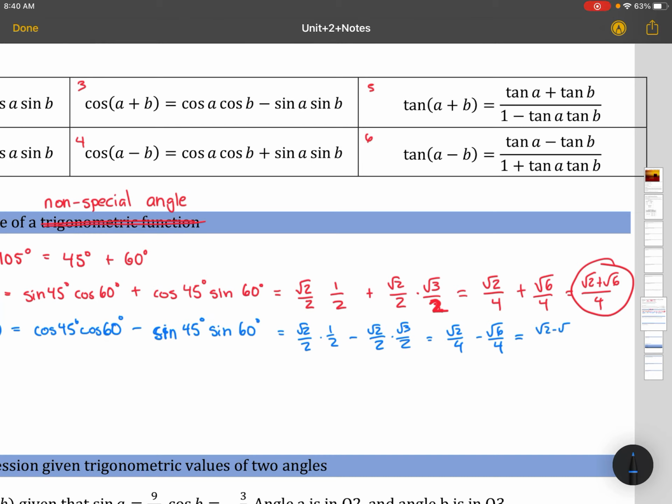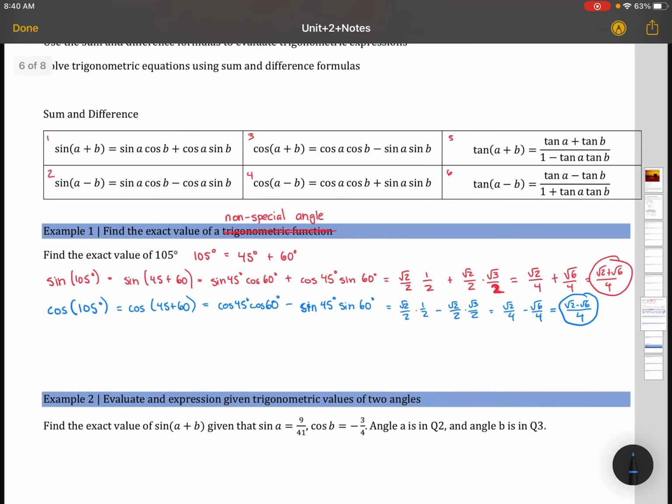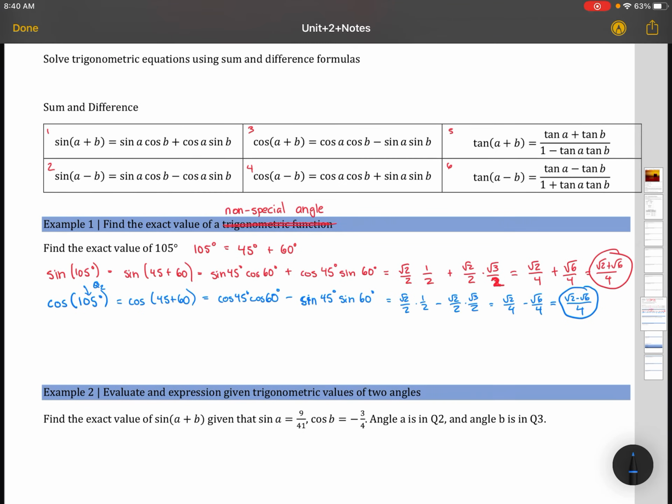And that's going to be root 2 minus root 6 divided by 4. Now that value is negative, and it makes sense because 105 degrees is in quadrant 2. So we expect to get a positive sine value and a negative cosine value.